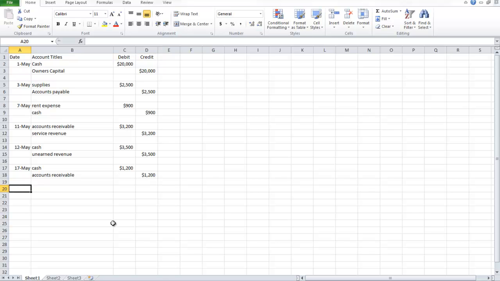Okay, the next transaction on the 31st says that they paid the receptionist $2,000 salary. So we have salary and wages expense that we debit and credit cash for $2,000.